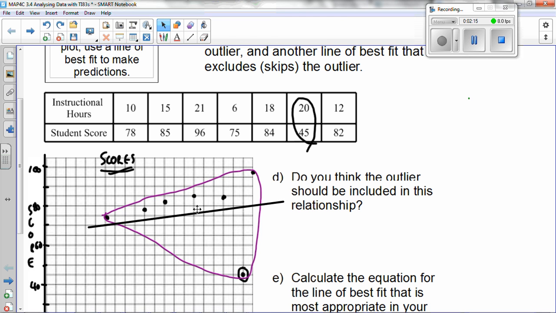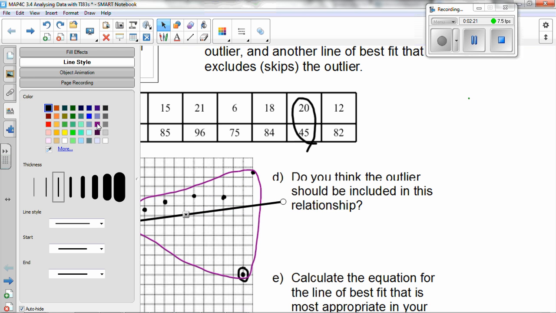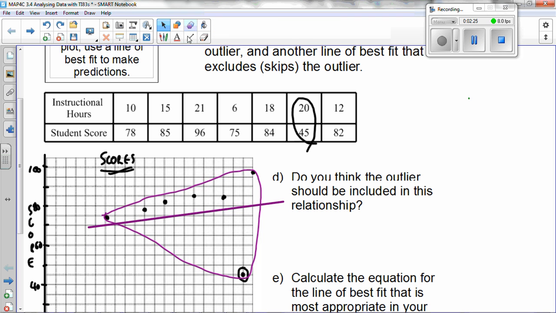It's not going to be exact, but I'm going to change the color so it matches. Pretty close.